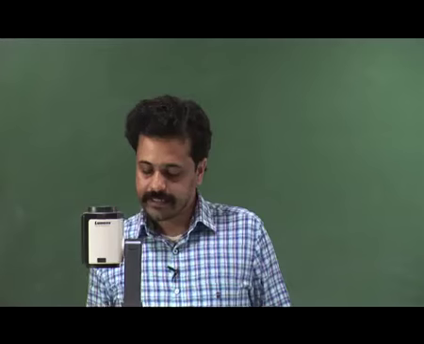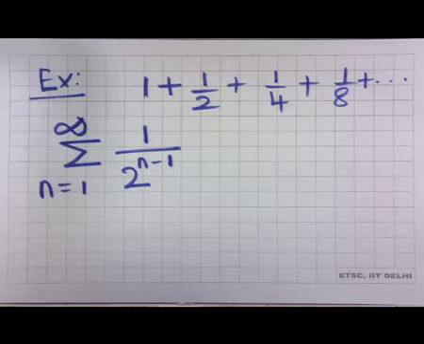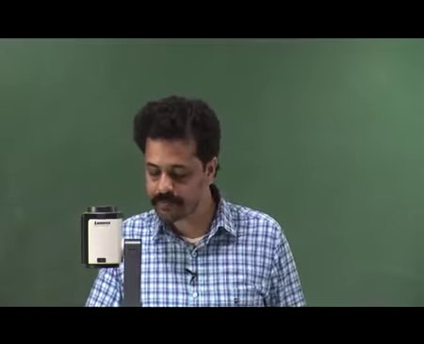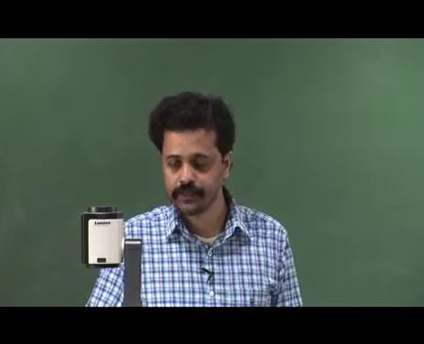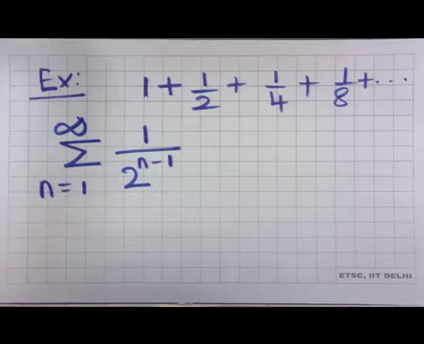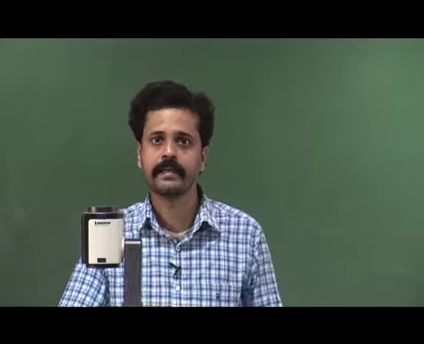It is not hard to see that this is a geometric series with first term 1 and common ratio 1 by 2, which is less than 1. Therefore, by the observation we had earlier, this series is convergent, and in fact we have a formula for its sum, of the type a by 1 minus r.